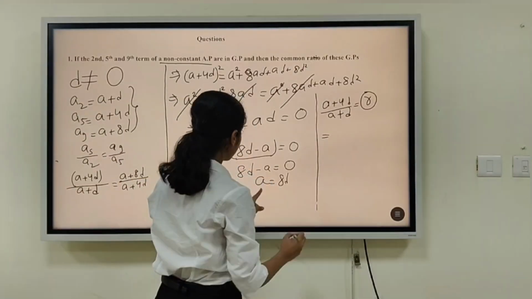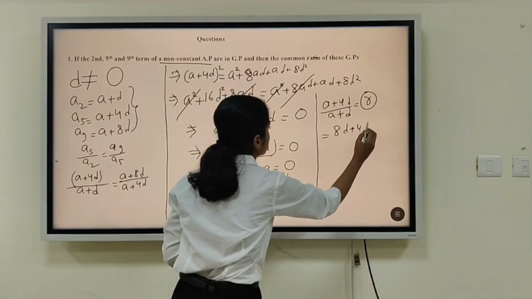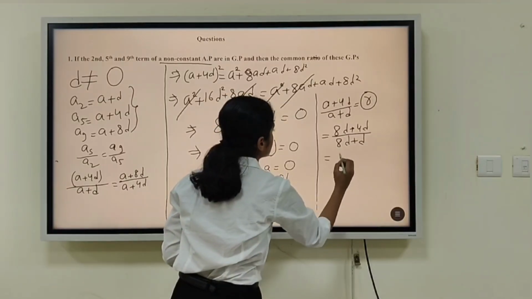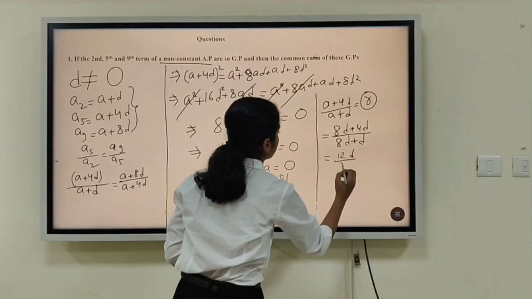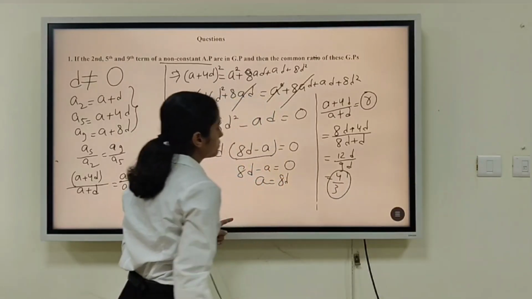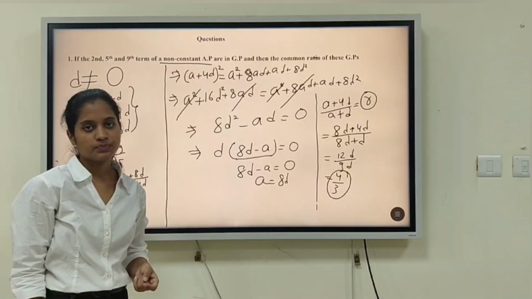So by substituting the value of a equal to 8d, it will look like this: 8d plus 4d, which is equal to 12d, upon 8d plus d, which is 9d. Finally, we come to the result that the ratio of the GP is equal to 4/3.